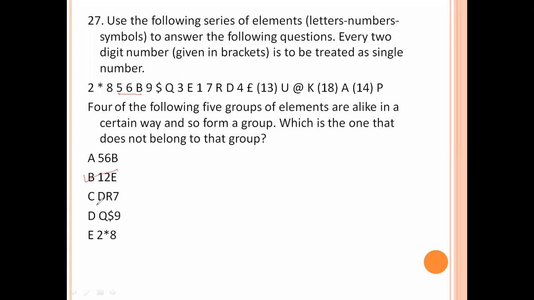Most probably this is the answer. DR7, $9, 2 star 8. So only this one is not there. So option number B is the right answer.